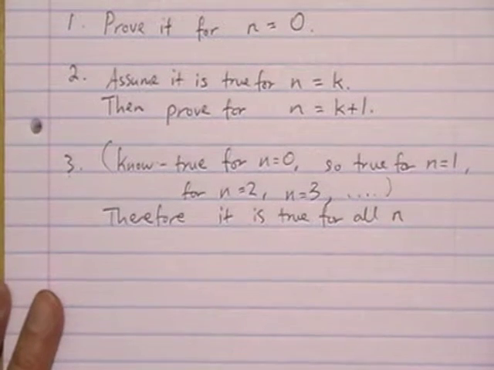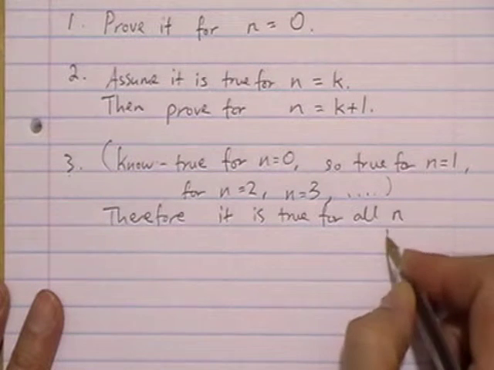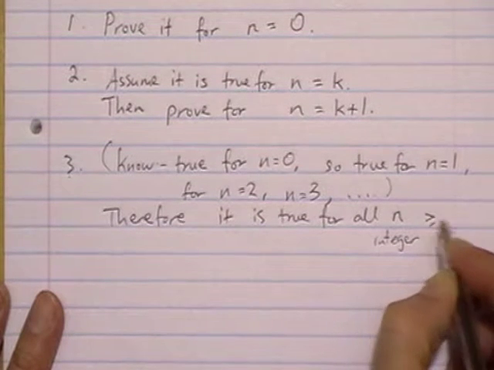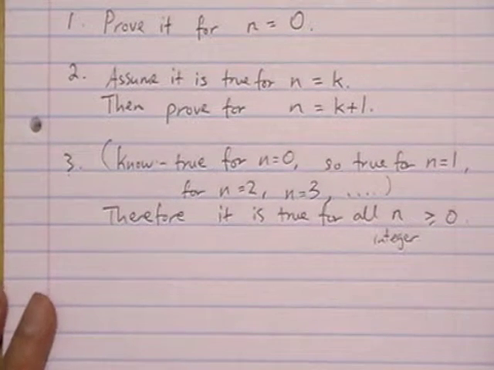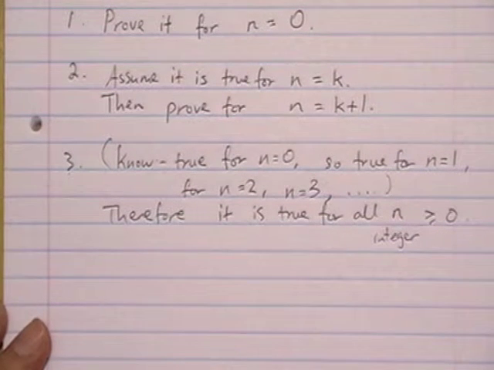Right, for all n that we are interested in this case, meaning integer n that is more than or equal to 0. So this is the plan.